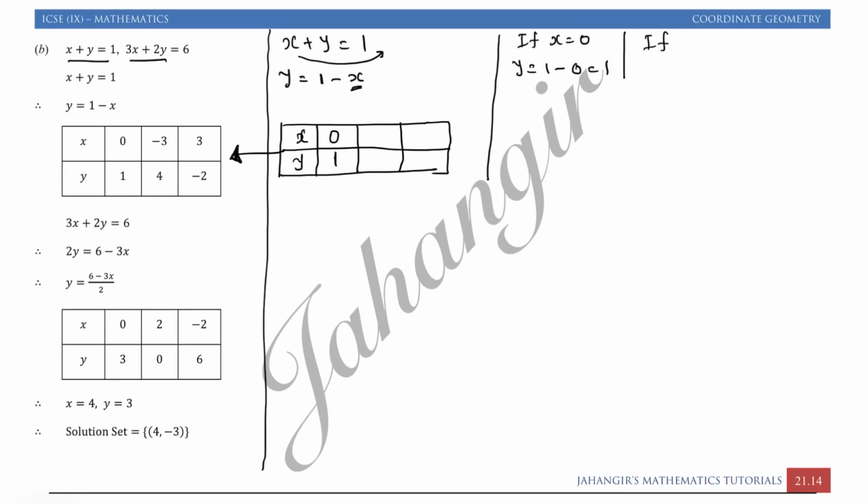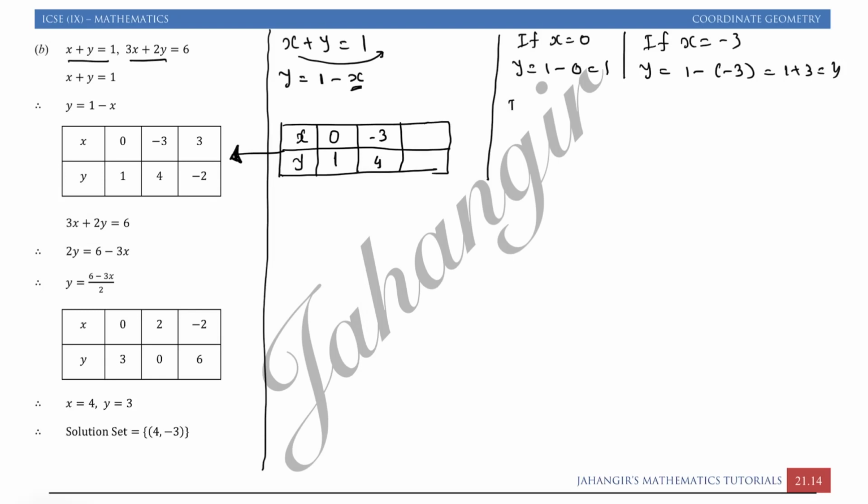Now second value, if I am taking x is equal to minus 3, you can even take minus 2, you can even take minus 1, you can even take minus 4, you can take any value as per your convenience. y is equal to 1 minus x, the value of x is minus 3, so 1 minus minus 3 is 1 plus 3, which is 4. So when x is minus 3, y is 4.